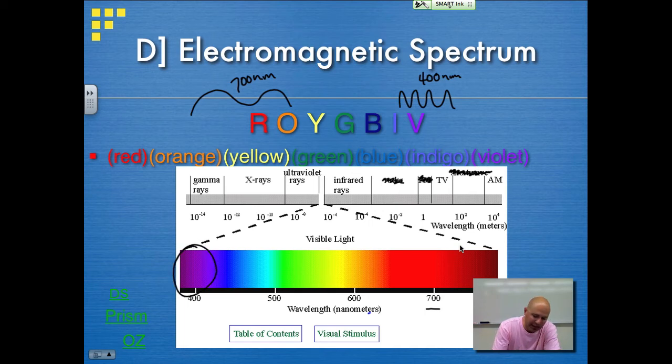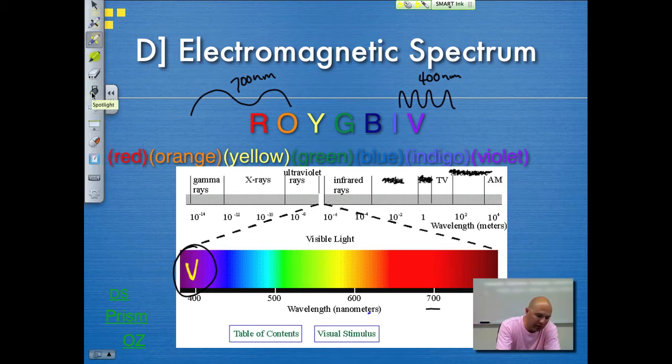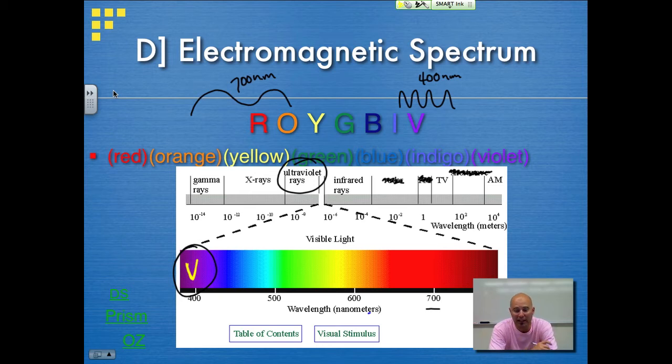Right near violet here, if we've got violet right here, notice that we have ultraviolet waves, or in other words, UV. So UV waves are shorter than the colors. This, of course, is visible light. When I'm talking about the visible light, all the colors of the rainbow, that's visible light.